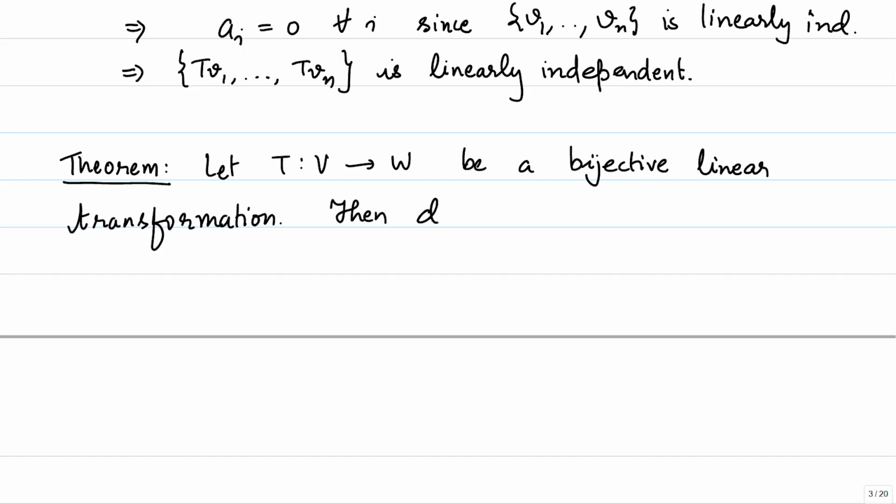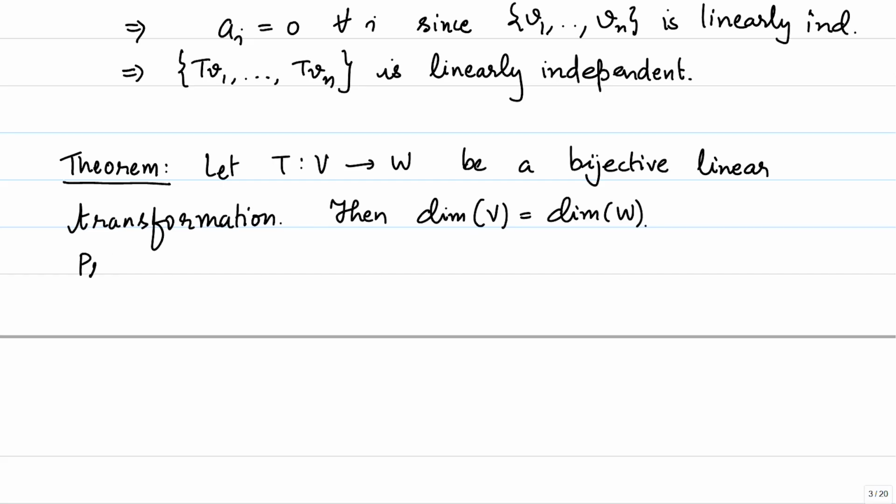Then the dimension of V is equal to the dimension of W. Bijective, if you recall, is a function which is both injective and surjective at the same time. So if you have a linear transformation which is both one-to-one and onto, or injective and surjective, then the dimensions should necessarily be equal. So let's give a quick proof of this.